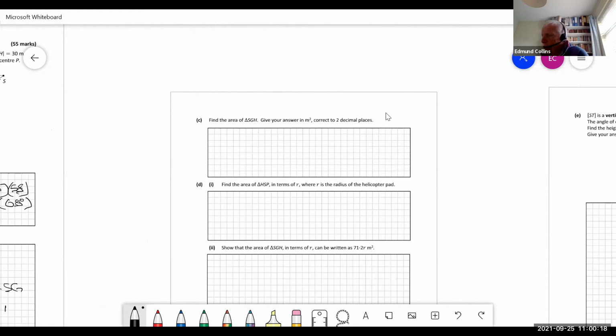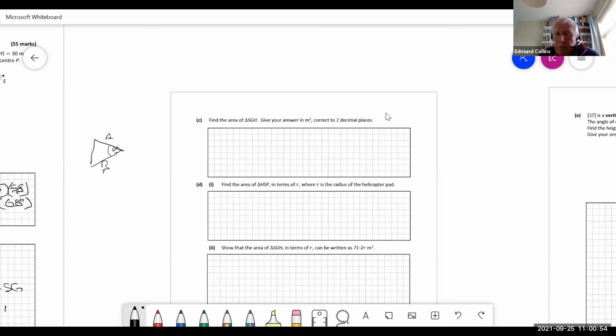Now, there's a number of ways you can find the area of a triangle. You can use the standard formula half the base by the perpendicular height if you know it, or else in your maths tables you're given the formula half AB by sine alpha, or the equivalent.